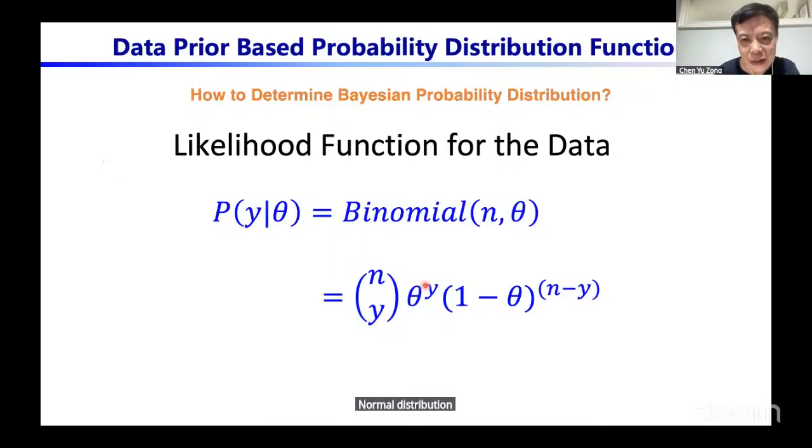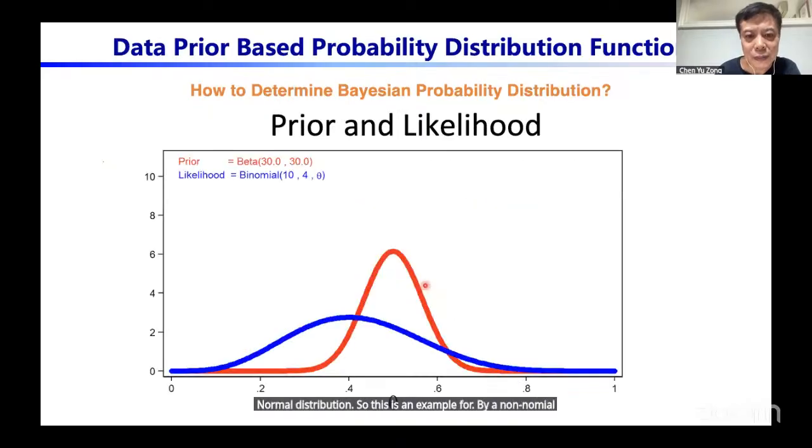So this is an example of a binomial distribution function. Binomial means that it no longer has one normal symmetric type distribution, but it's a composition, a combination of two normal distributions of different shapes, as the example here shows.